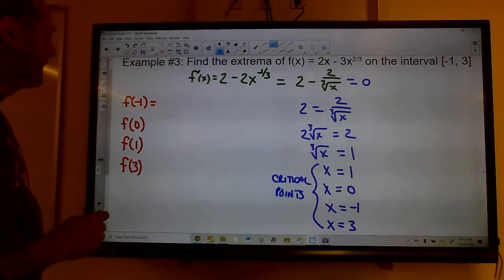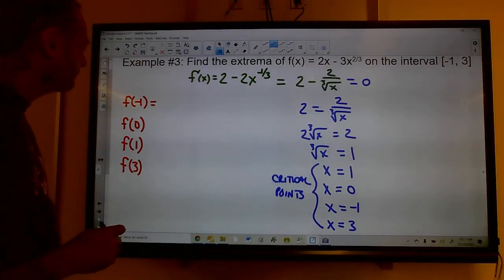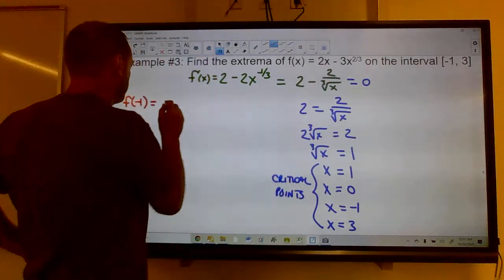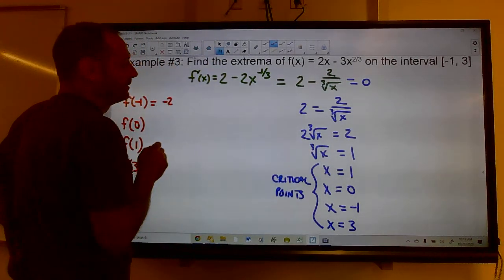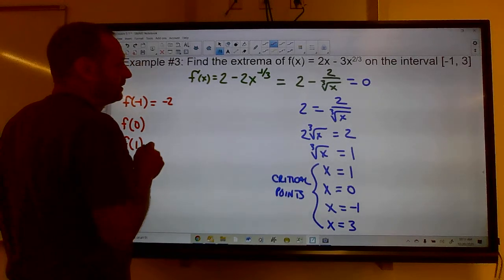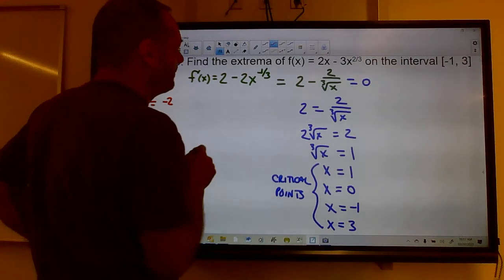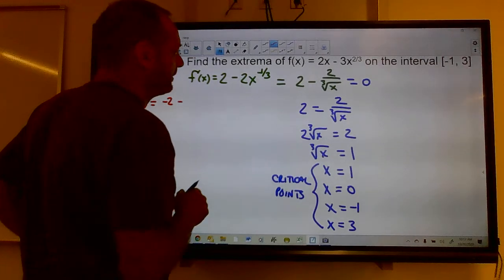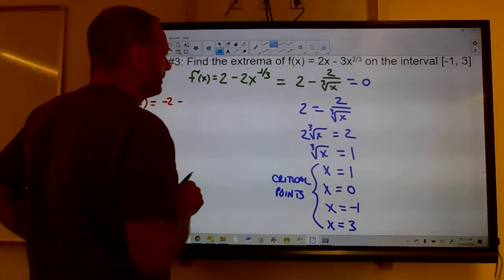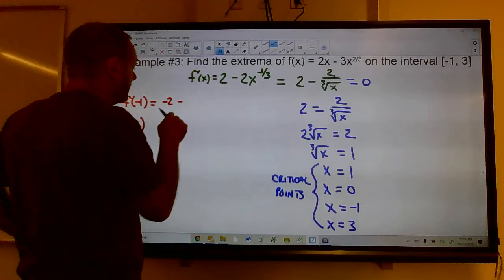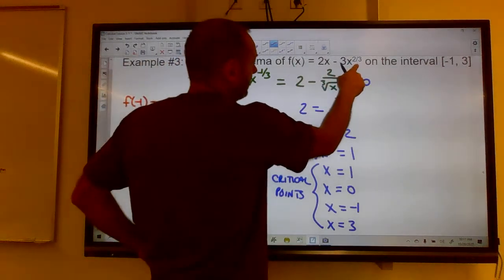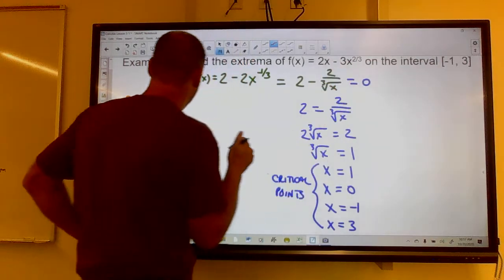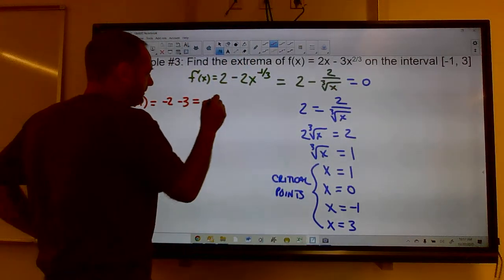So if I plug in -1, I'm going to get -2 minus, let's see, -1, the cube root of that is -1, squared is +1, times -3 is -3. So this is -5.